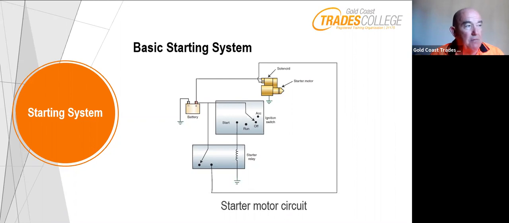But if we get back to just starting it, basic starting, there's the battery, negative earth. You can see that symbol, and the battery positive taking power straight to the solenoid on the starter motor. It also goes off to a starter relay and to the ignition starter switch. So if you turn the ignition, that little arrow that's on off would then turn to the start.